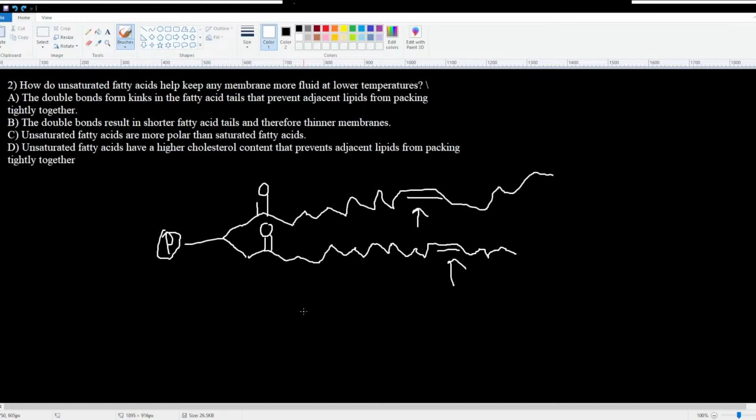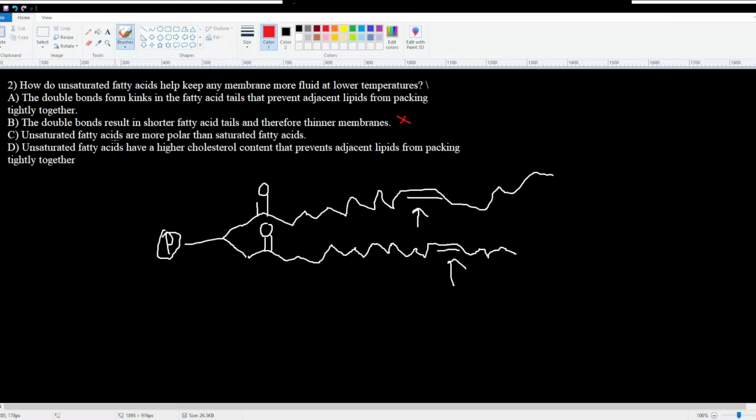So you could have a very, very long fatty acid with no double bonds, or you could have a very, very short fatty acid with no double bonds. And same thing with double bonds. You could have a very, very long fatty acid with double bonds and vice versa. So that one's not true, right? Because for that to be true, they would have to be related, right?